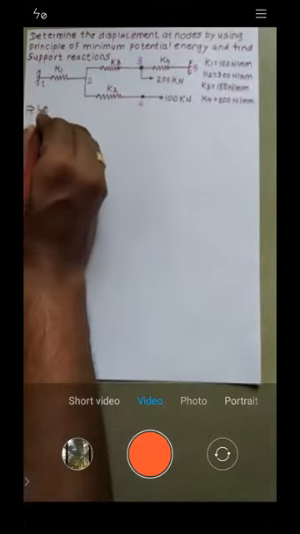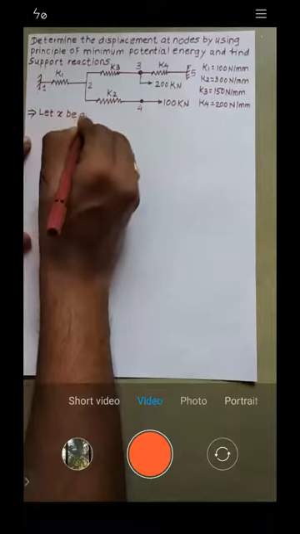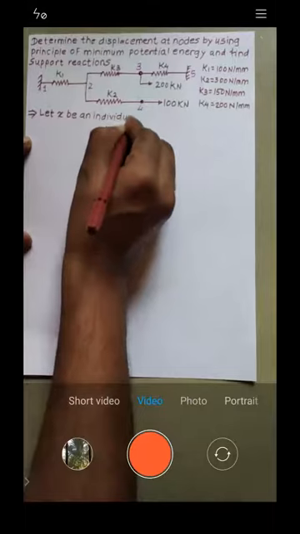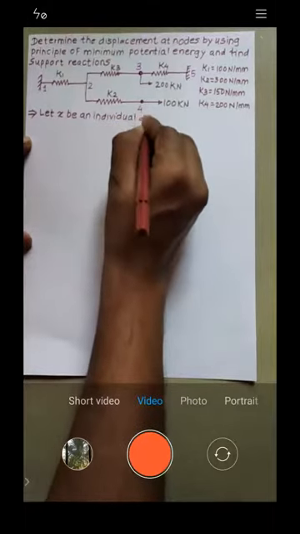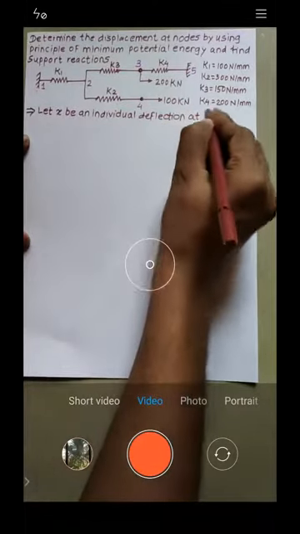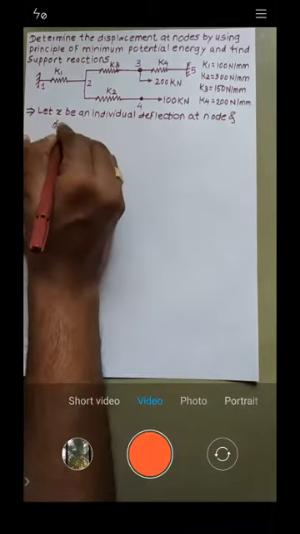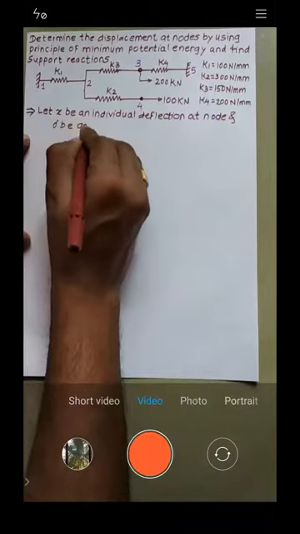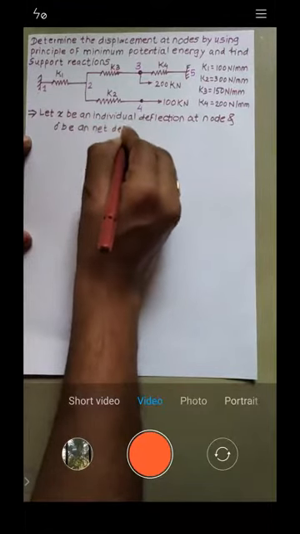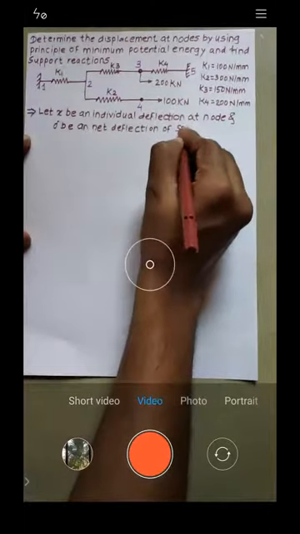Let x be an individual deflection at the node, and del be the net deflection of the spring.